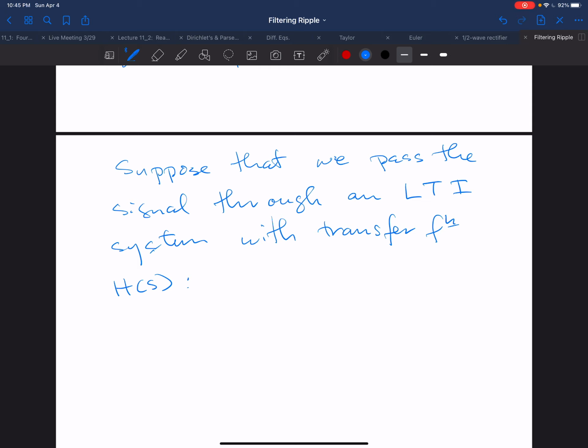Then we know that we can get the output by simply finding the response to each of the terms in the Fourier series, and by linearity simply adding them up.